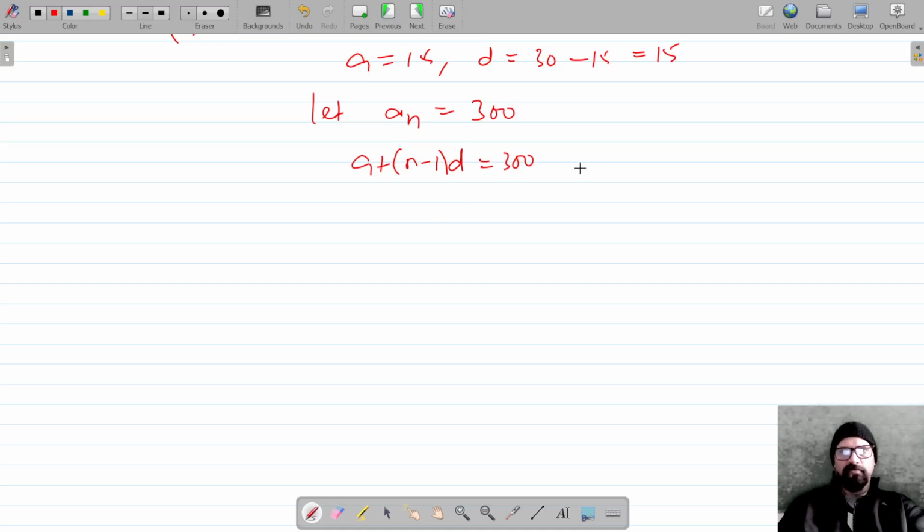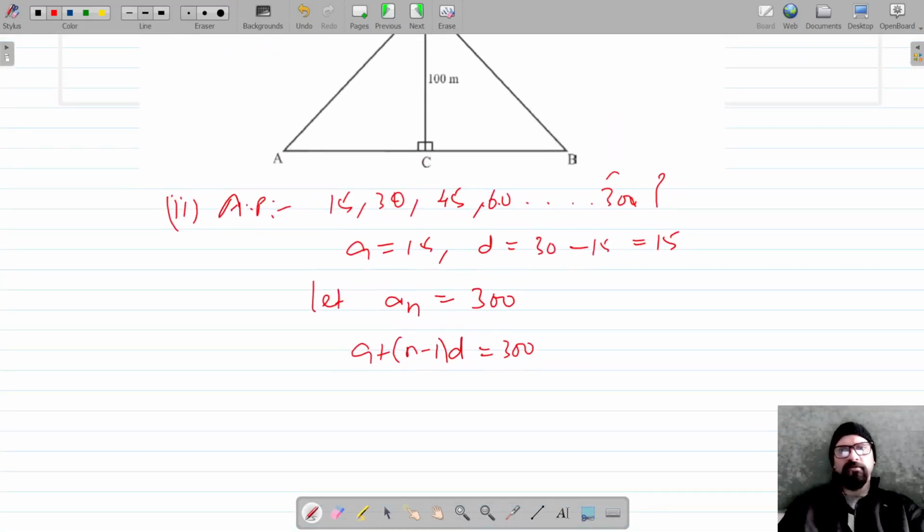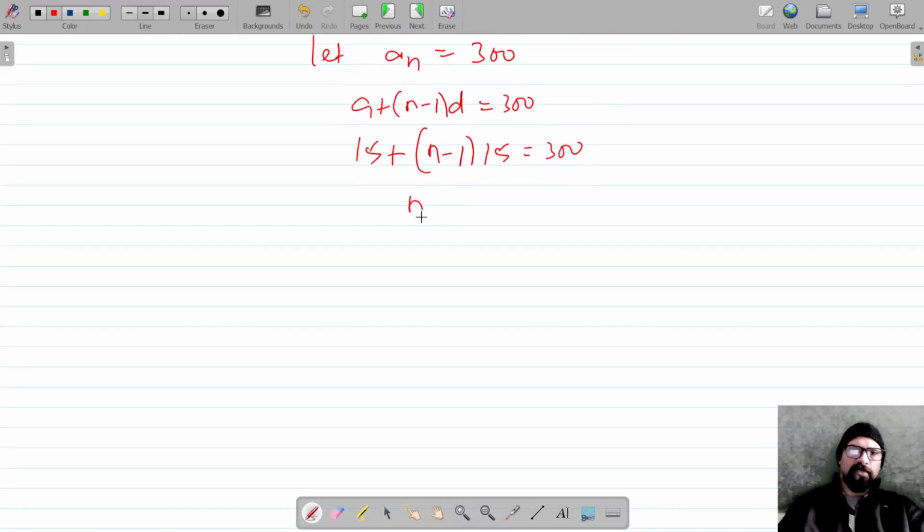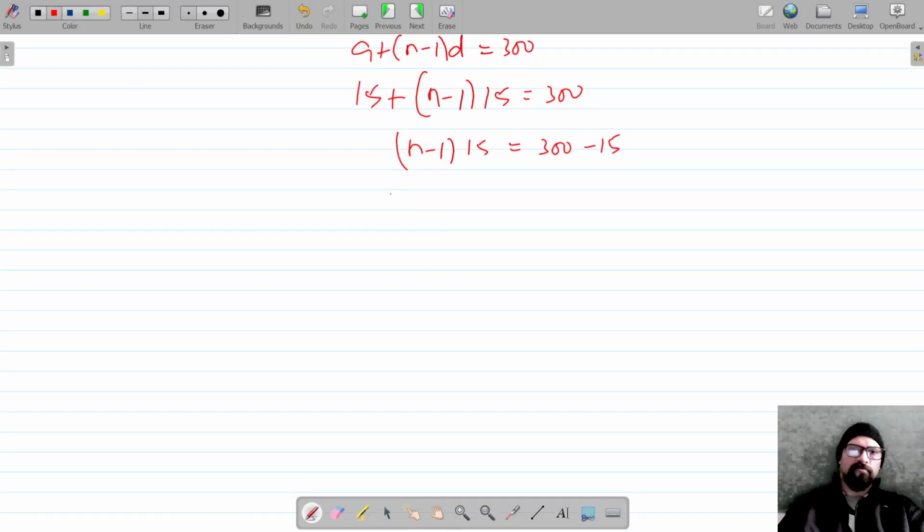So first of all, we have to find out 300 is which term. So let's assume it's the nth term. So a is 15 plus n minus 1 into d, which is 15, is equal to 300, which gives me n minus 1 into 15 is equal to 300 minus 15, which is 285.